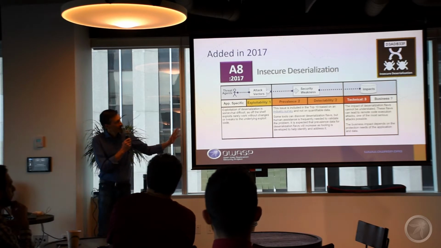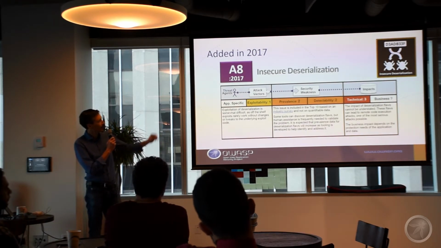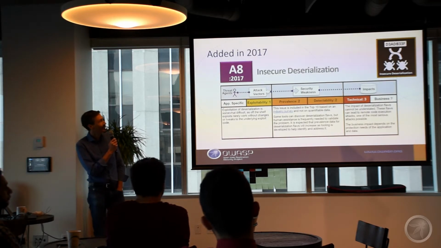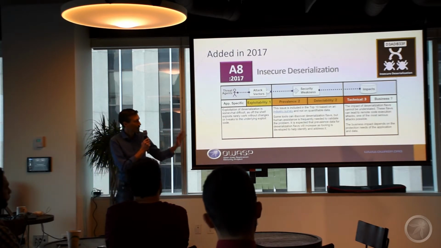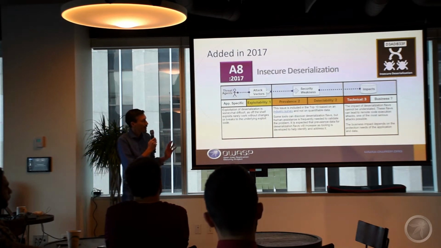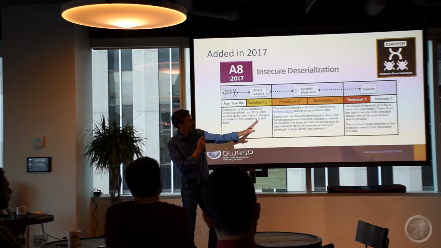I'm going to start with a definition, taken exactly from the OWASP Top 10 2017. So number 8, insecure deserialization. There are a few things I want to comment on here. The first one is the fact that they talk about impact.